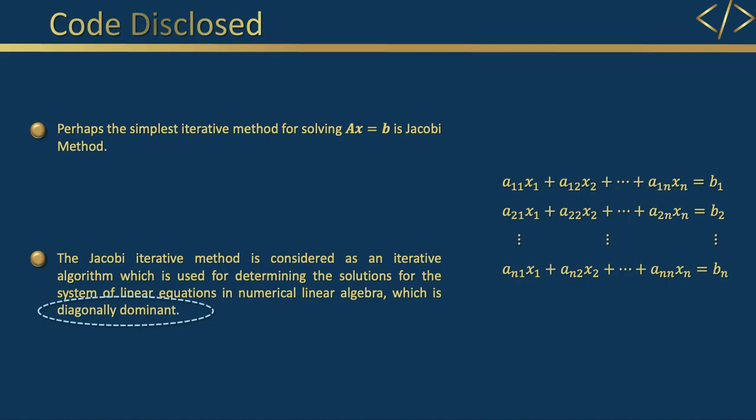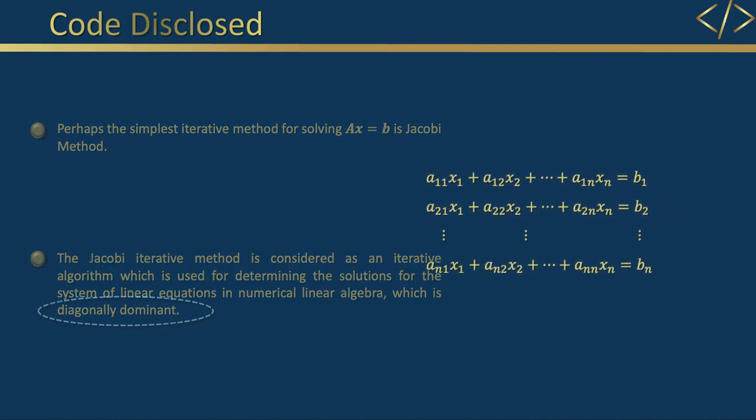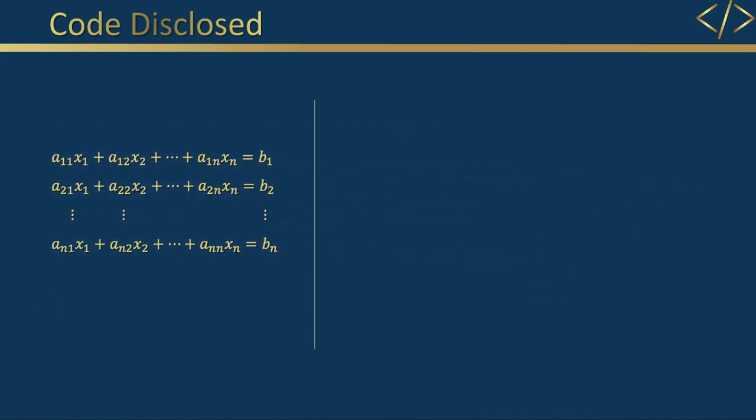Now let's explain what diagonally dominant means. Suppose you have n linear equations with n unknowns, starting from x1, x2, ending at xn. Now let's put these equations in the form of Ax equals b. What's A? A is the matrix of the coefficients of the unknowns, the square matrix of all of these purple coefficients.